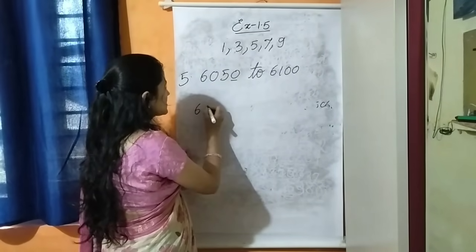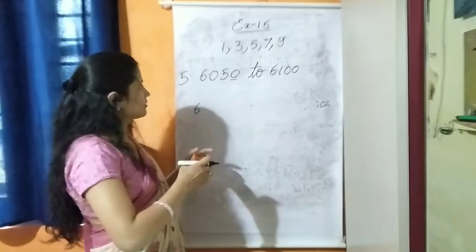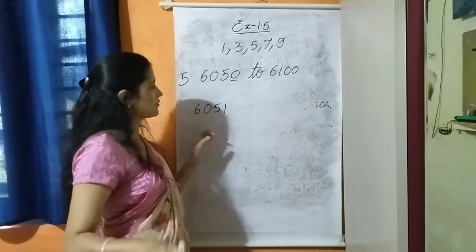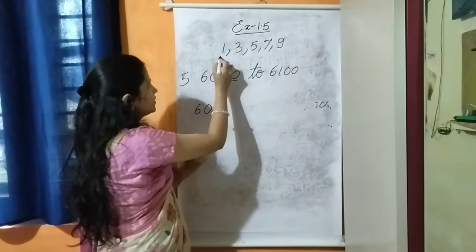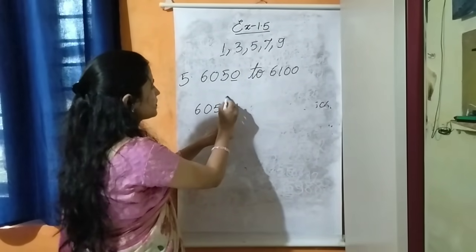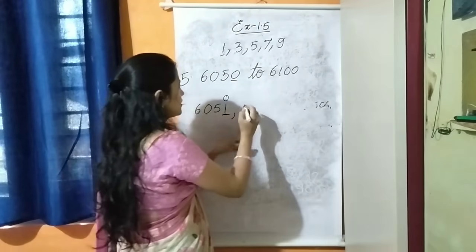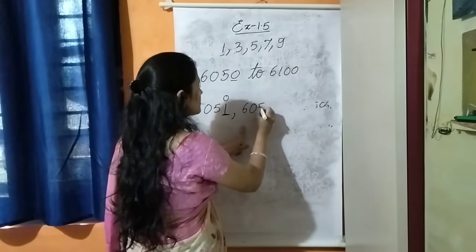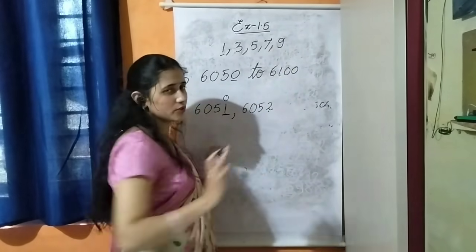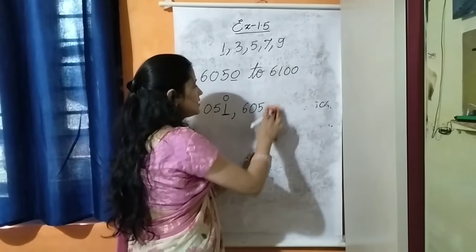So 6,051. Here 1 is at ones place, that means this number is an odd number. Now after that, if we write 6,052, 2 at ones place means even.